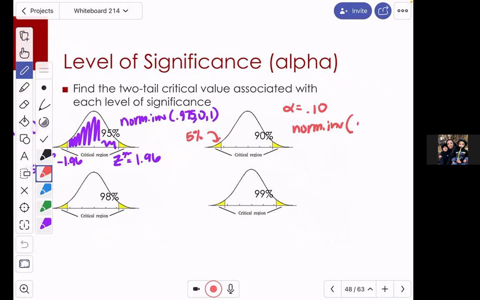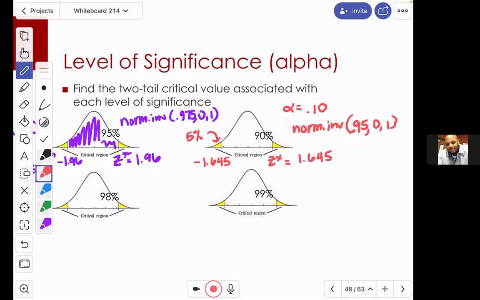So I'm going to do norm inverse of 0.95. If you calculate it in Excel using norm.inverse, it's equal to 1.645. And so that's 1.645 over there. This is going to be negative 1.645, right?